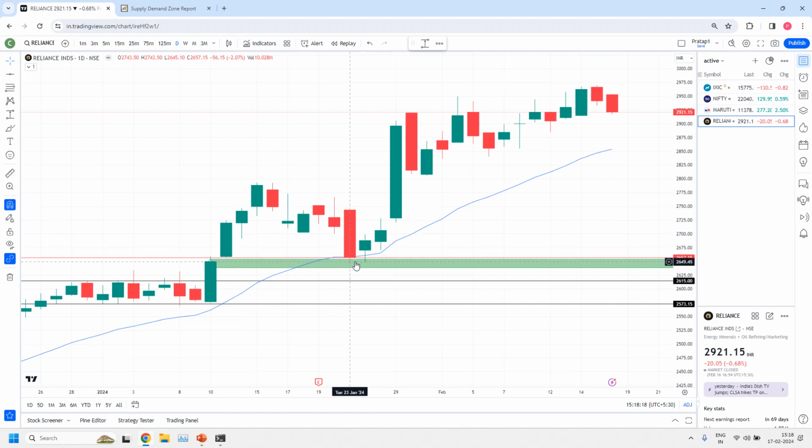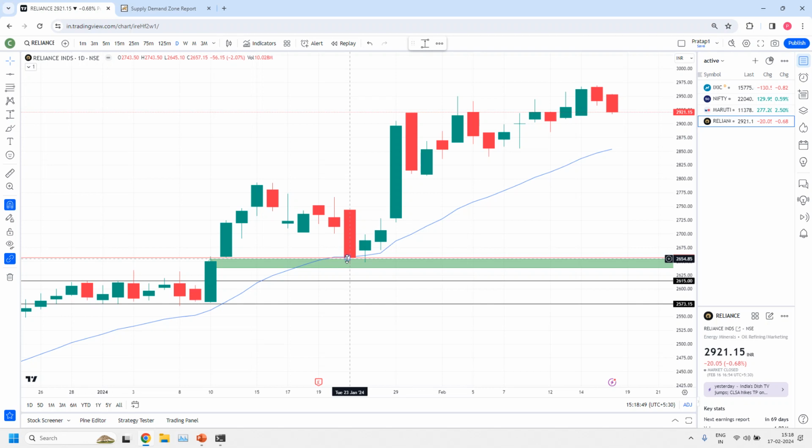There we got an entry, once this overextension is completed after the pullback to this 15-minute zone, which is having a daily EMA confluence. That is very important. EMA 20. Which EMA 20? Daily EMA 20. And it is having confluence with the 15 minutes demand zone. That is the important point we all should observe.